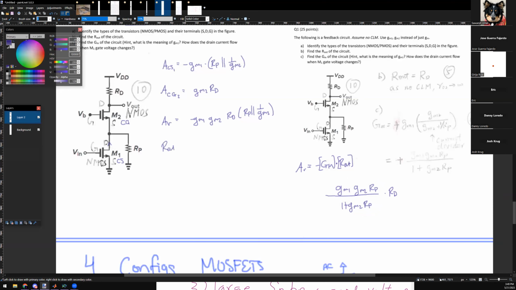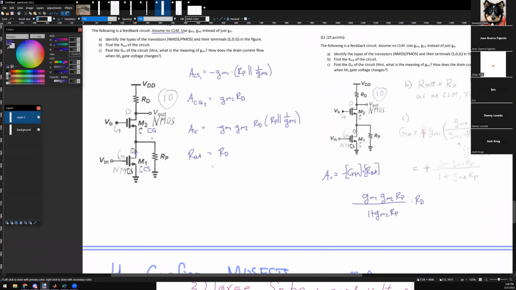R out, I agree with them. R out is just RD. That one I can agree with. So you have to find R out. Looking down, when R naught is infinite, we only have RD here. If there were channel length modulation, then R out would be RD parallel R naught 2 plus 1 plus GM2 R naught 2 times RS2.